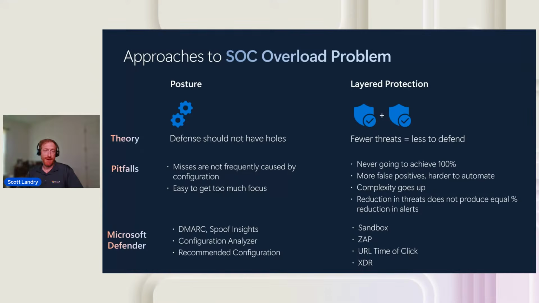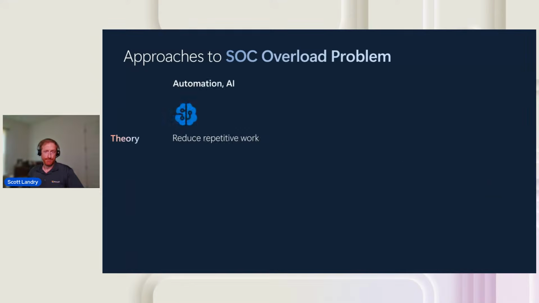First of all, 3,500 is still a lot, but also the number of alerts that you have to pick through to get through those 3,500, they're not going to go down at the same scale. In fact, they may even go up because now you have more things alerting you and telling you about potential risk, right? So we'll talk a little bit more about layered protection when we get to that point.